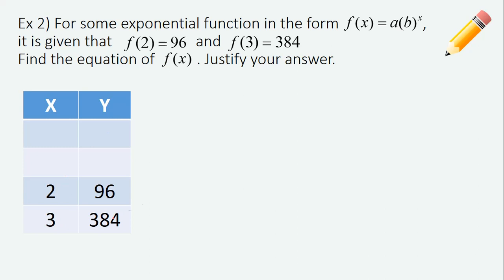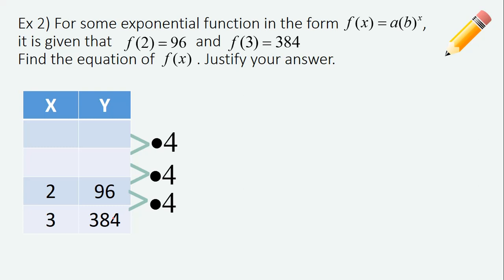So now what I need to do is find out what's the difference, aka what am I multiplying by 96 to get to 384, and then continue that pattern. Well, all that is just times 4. What I did is I took 384 divided by 96, found it's 4. So that means that my multiplication factor that I'm multiplying each time is 4.